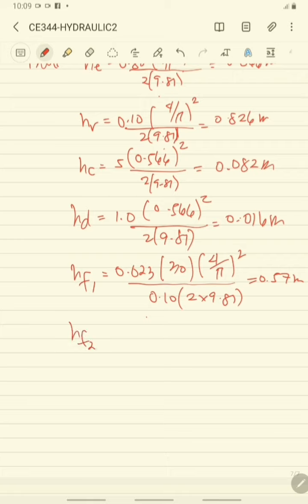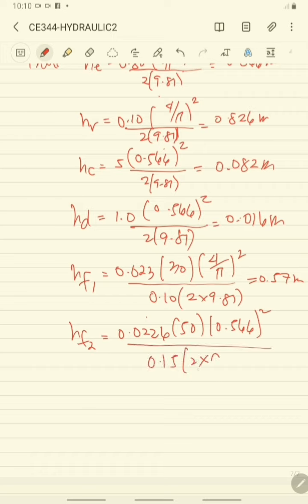Then you have HF2, you have 0.0226, 50 times 0.566 squared over D 2G. So this is equal to 123 meters.